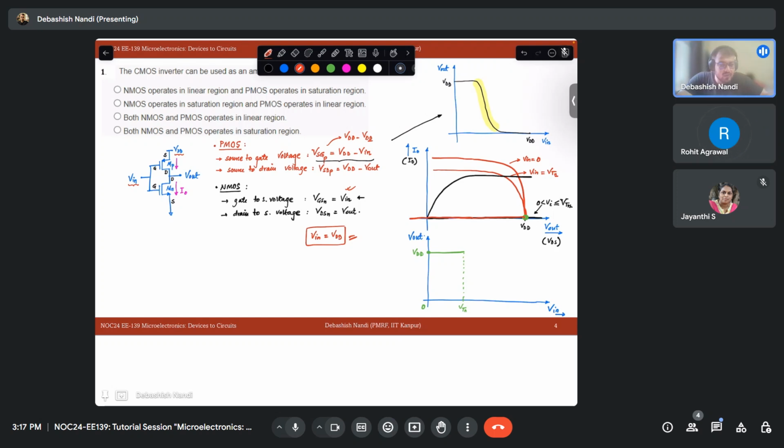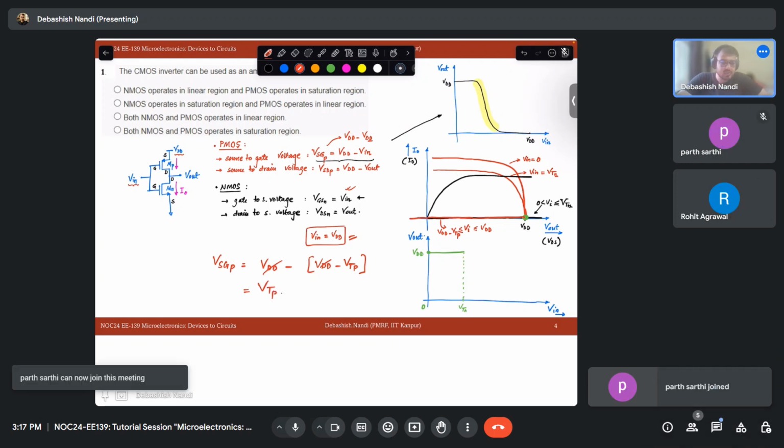And till how far will it remain on this red line? This will remain until my Vin is less than VDD minus VTP, the threshold voltage of the PMOS. As soon as my Vin is less than this, VSGP is VDD minus VTP, right?